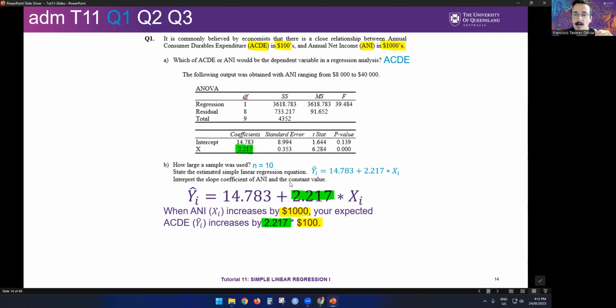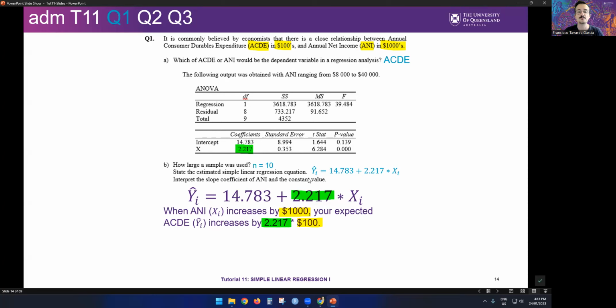Let me click. How do we interpret that? With our equation, we would say that when income, ANI, annual net income, increases by 1,000 (the values we have here are in thousands), so when people earn one extra $1,000, you're expected to see ACDE, the annual consumer durables expenditure, increase by 2.217, which is here, times 100, which is the unit we're using.